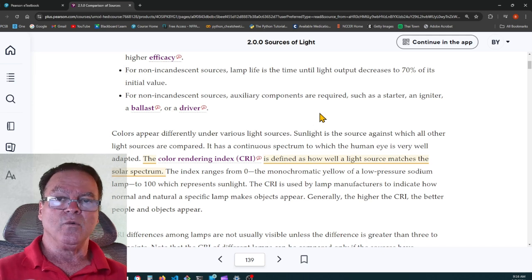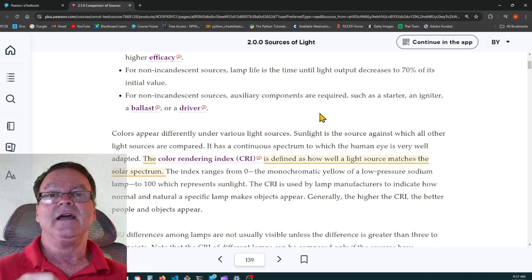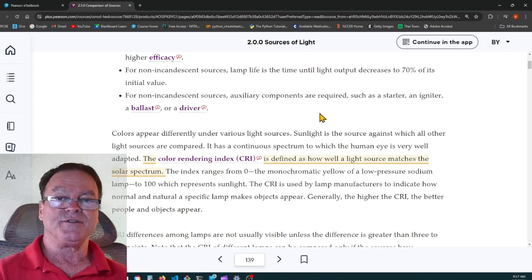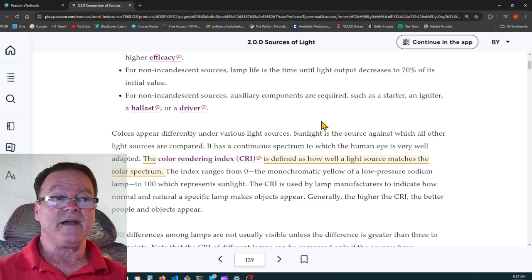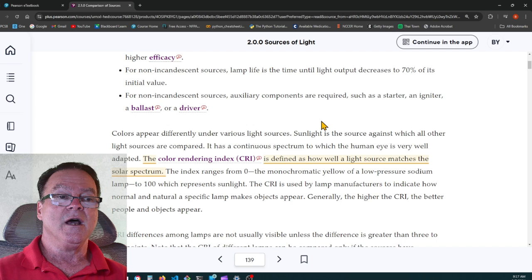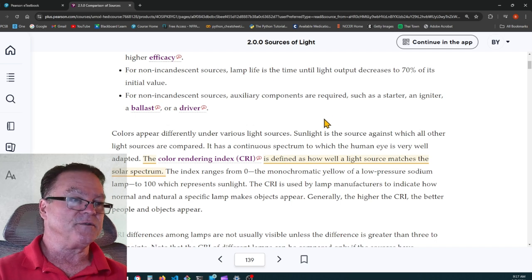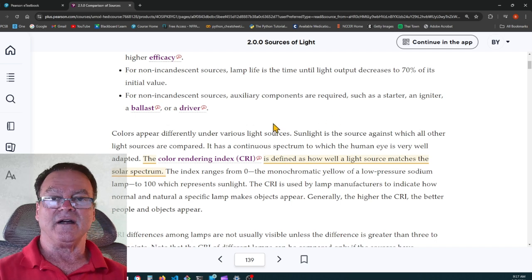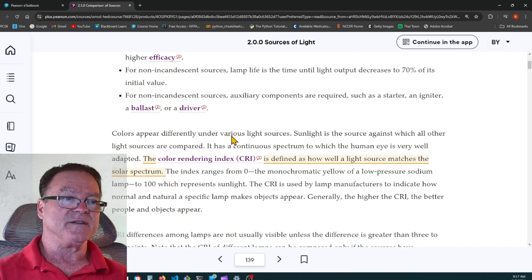That ballast will give you that input surge to get the fluorescent lamps lit, and then it'll lower that voltage. Doesn't mean they can't run on 120 volts. You have ballasts that run on 120 volts, but the output is higher to excite the electrons inside of that tube.